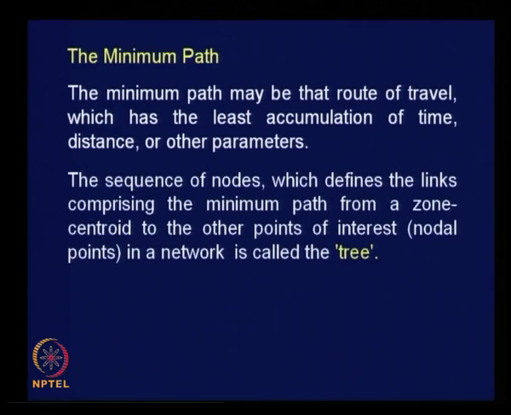The sequence of nodes which defines the links comprising the minimum path from a zone centroid to the other points of interest, nodal points in a network, is called a tree. You just trace off the minimum path and it will go through a number of nodal points. So this complete set involving a set of links and nodes is called a tree.